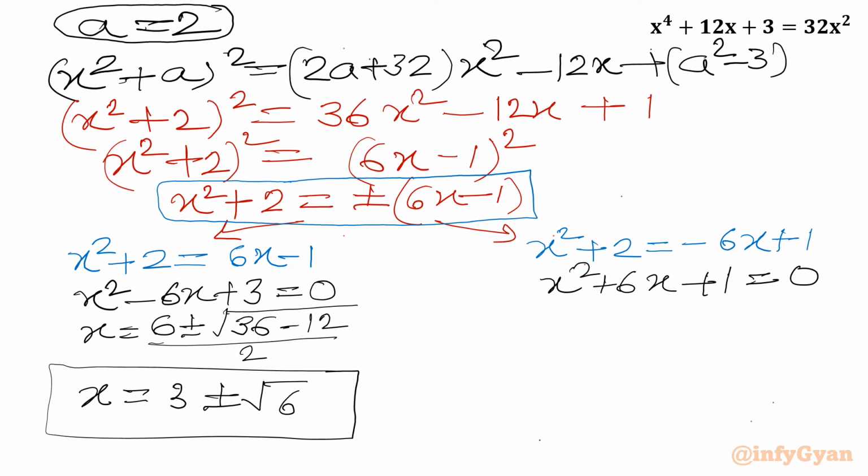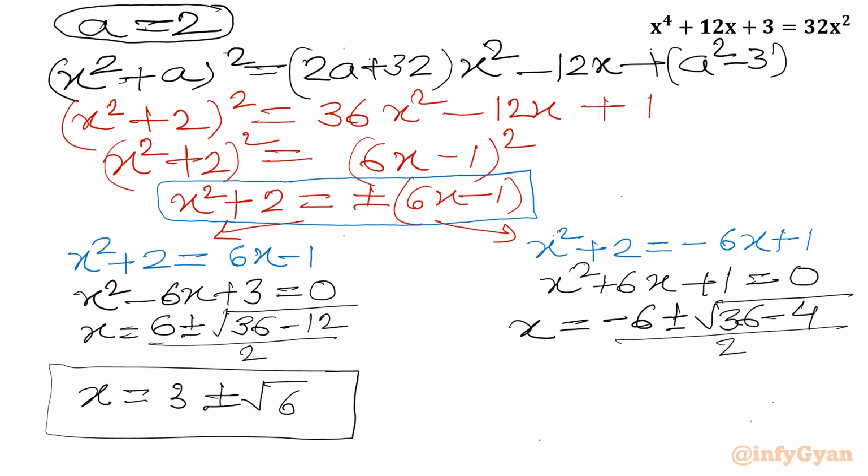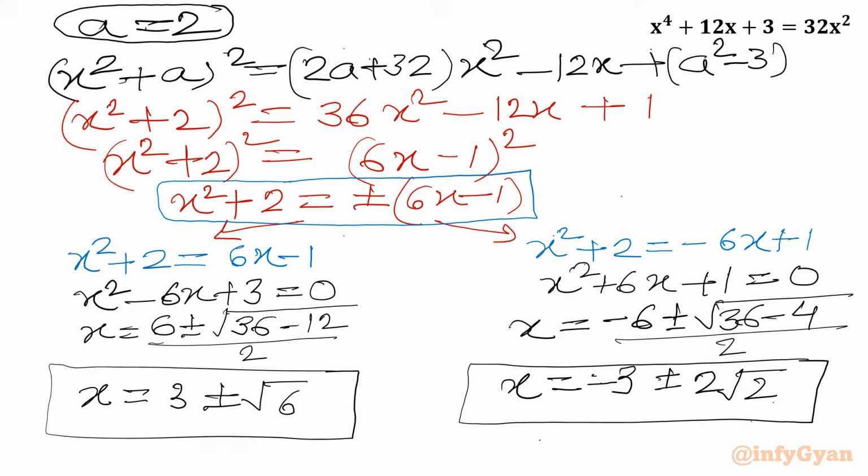Now for the second equation, let us apply the quadratic formula. x equal to minus b plus minus under the root b square minus 4ac over 2a, so 2. From here we will have the other two solutions, minus 3 plus minus 2 square root 2. And this was our method number 2.